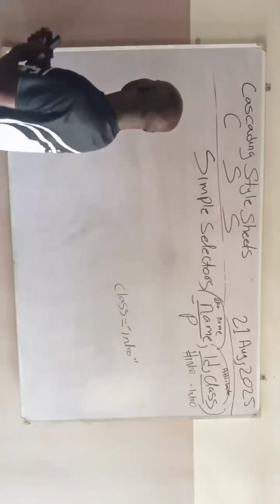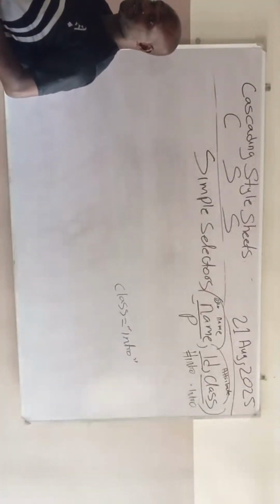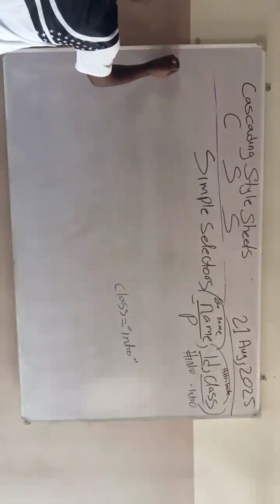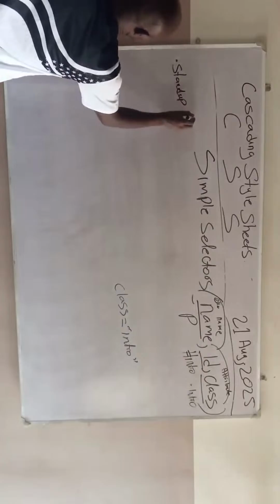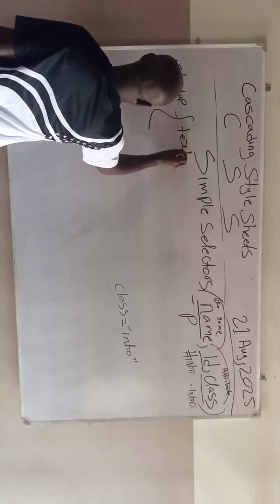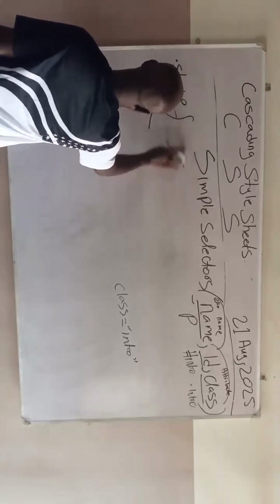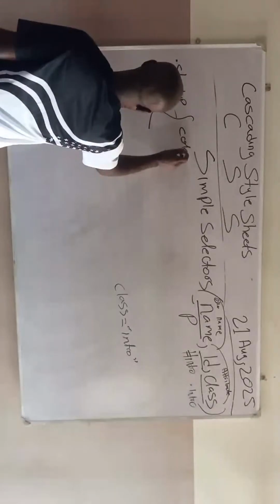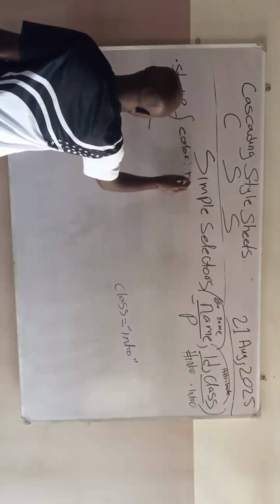And if you want to declare that in CSS, I'll just say full stop, stand up. Then I put my open brackets, color, sorry, not text column, color: red.